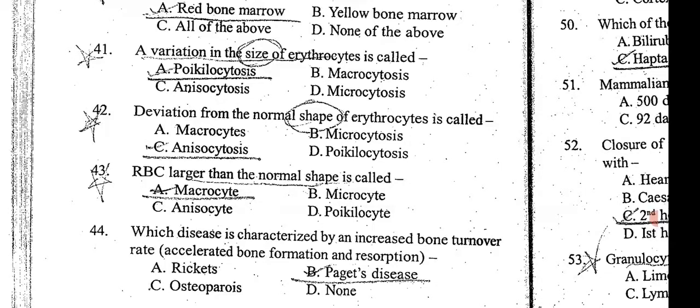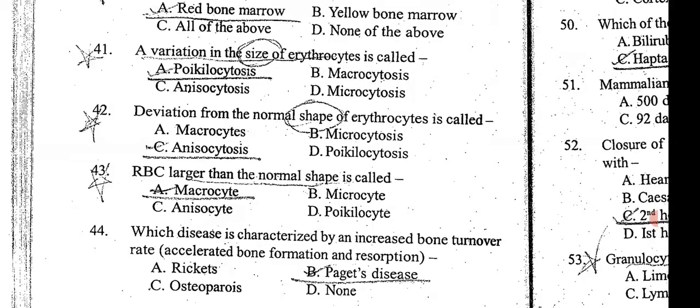Same is the case in the red blood cells. If the size of red blood cell is variable or non-constant, then it will be the poikilocytosis. The variation in size of erythrocytes is called poikilocytosis. And anisocytosis is the deviation from normal shape of erythrocytes. If the red blood cell shape is different from normal, then it will be anisocytosis.